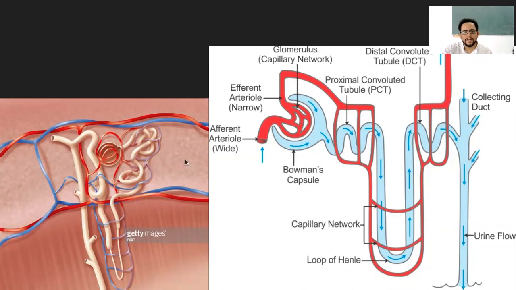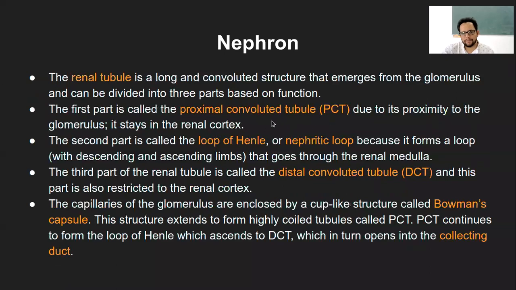Even in the actual representation, these foldings are called convolutions because there is too much folding, either in the starting part of the nephron or even the ending part of the nephron. It's kind of folded, and that is what is convoluted.